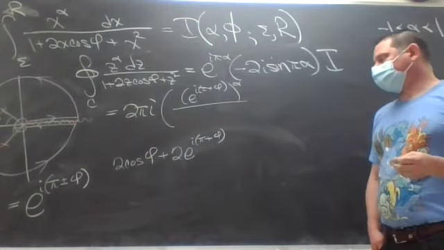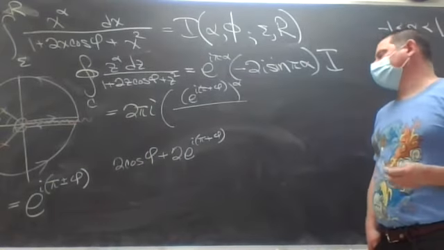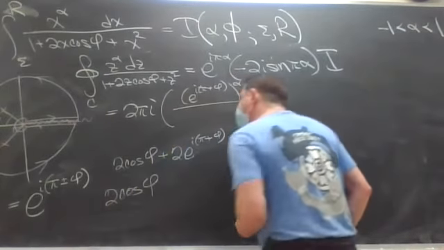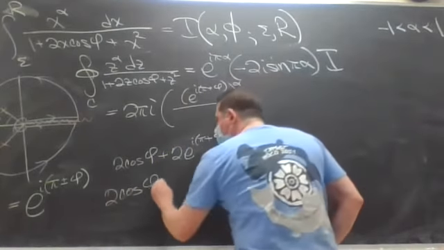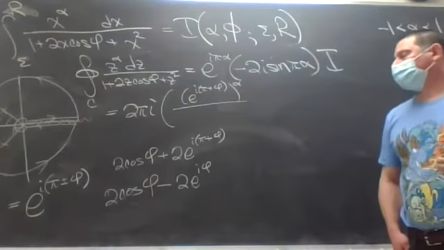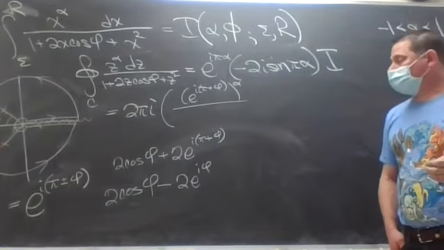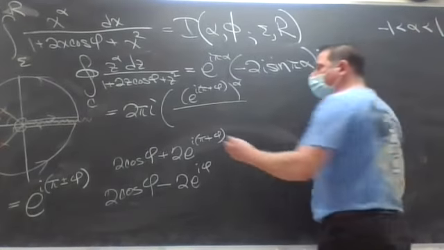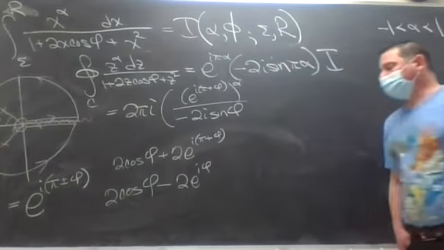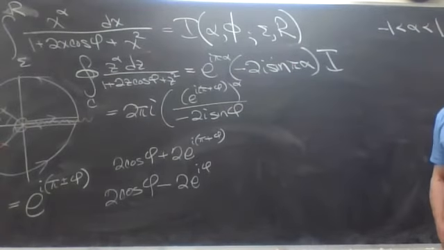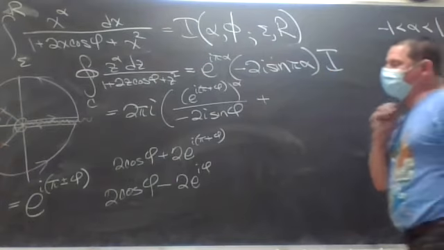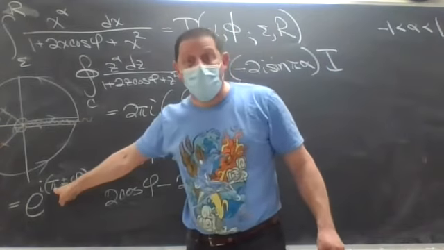And so what is that going to be? Well, that's going to be 2 cosine phi minus 2 e to the i phi. So that's minus 2i sine phi. Then we're going to have the contribution from e to the i pi minus phi.